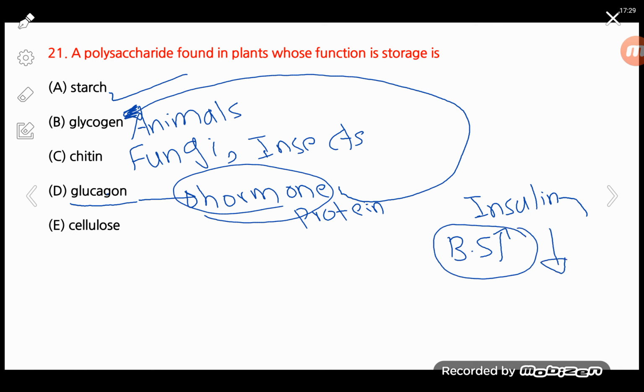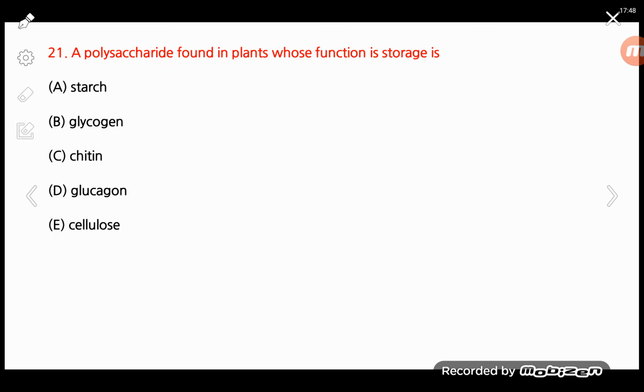Okay, we have cellulose, guys. You know cellulose is a polysaccharide, but it's found in plants. So the answer for this question will be starch: a polysaccharide that's found in plants whose function is storage.